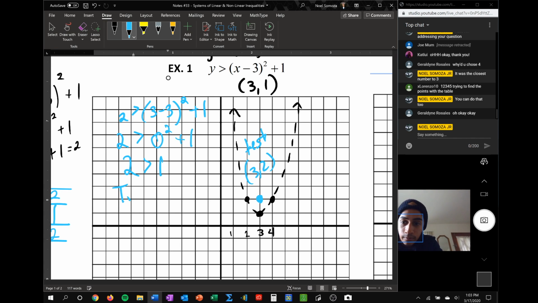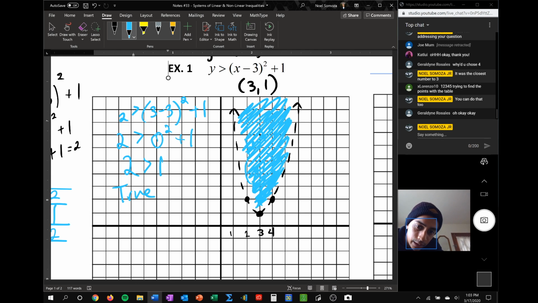That's true, right? So because it's true, then you got to shade the inside. The inside ends up being the true, okay? So you shade all of this. That means if you shade the inside, you do not shade the outside. Everything on the outside would be false, okay? So that's one way to do it.